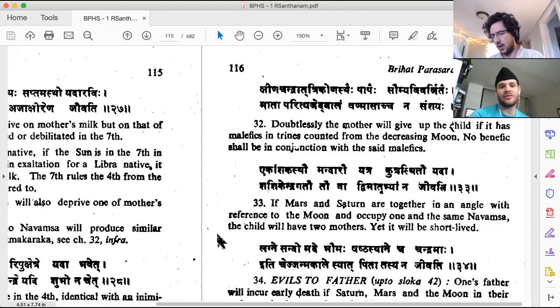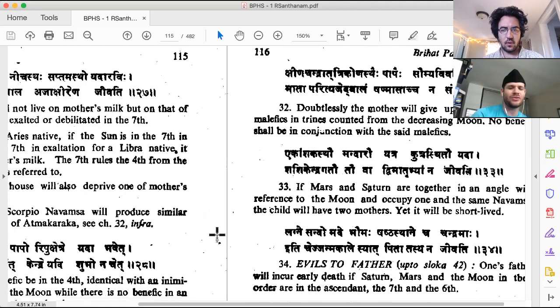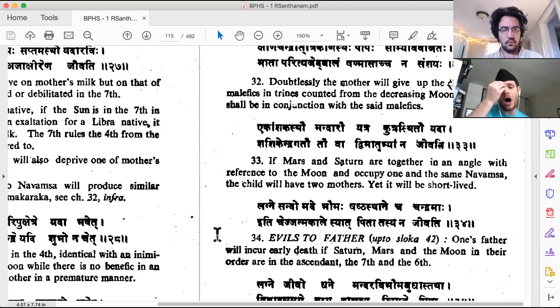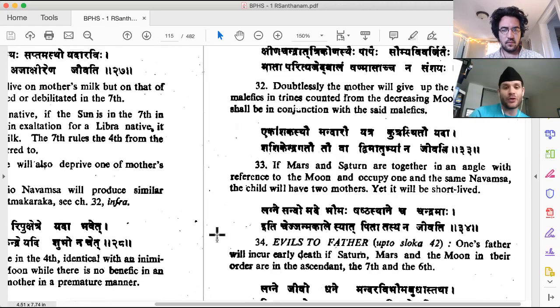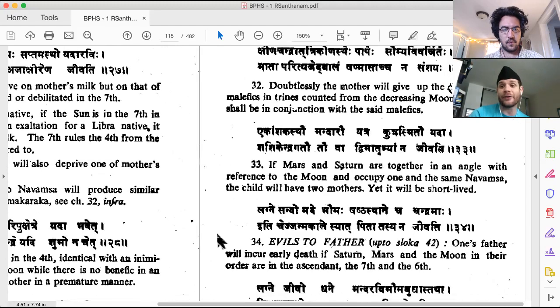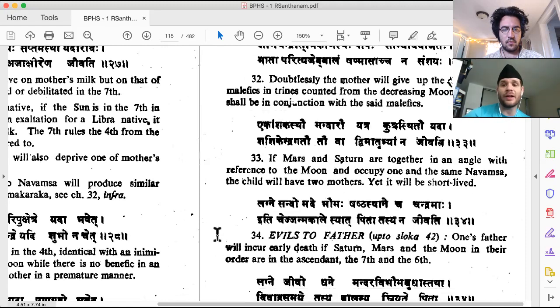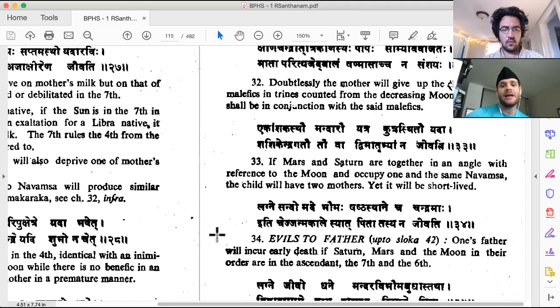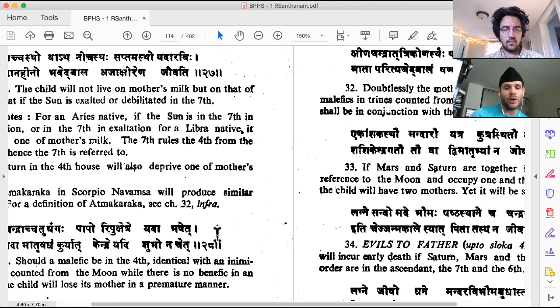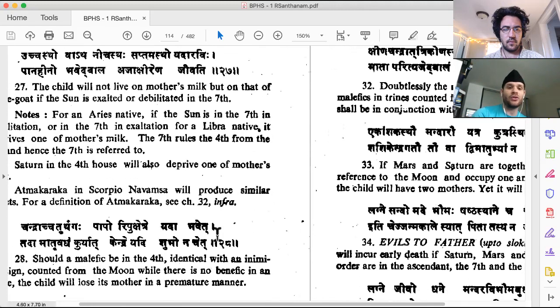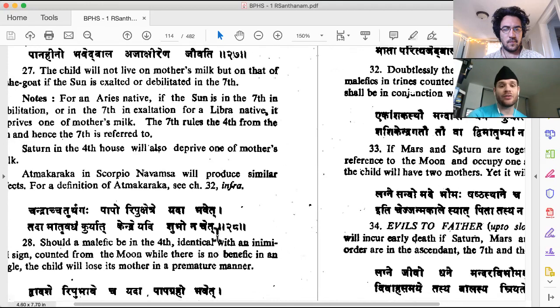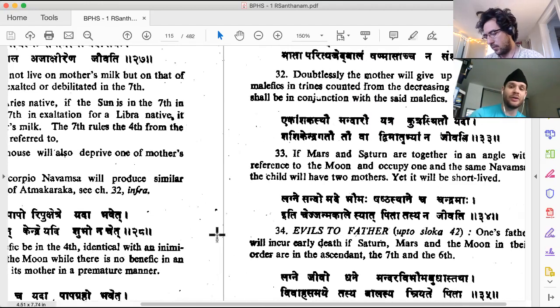And in this chapter, you will see that although he mentions the 3rd sometimes, there's basically no mention of the 3rd and 11th as yoga breakers, as we're going to see in the Yoga Karaka chapters. But dushtanas are difficult, the 6th, the 8th, and the 12th, and this chapter shows why. And then he goes on and once again mentions later on how this is going to affect the mother, and how this is going to affect the father.